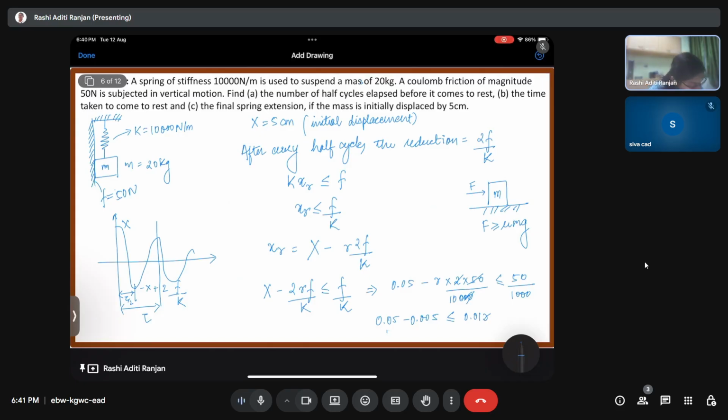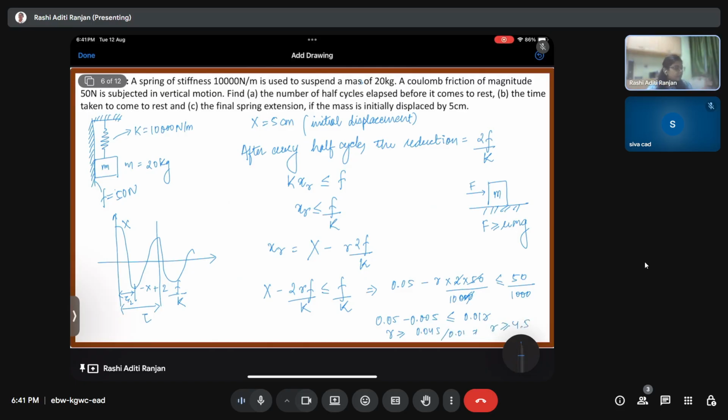So we have r greater than or equal to 0.045 divided by 0.01. This implies r is greater than or equal to 4.5.